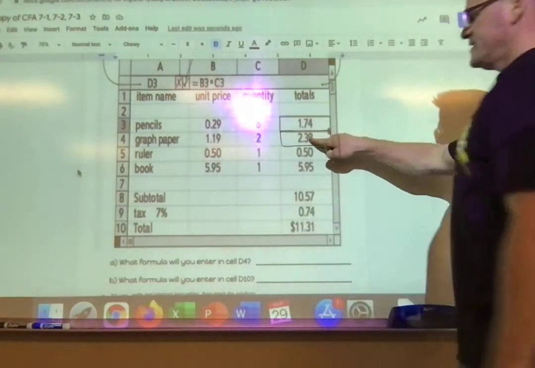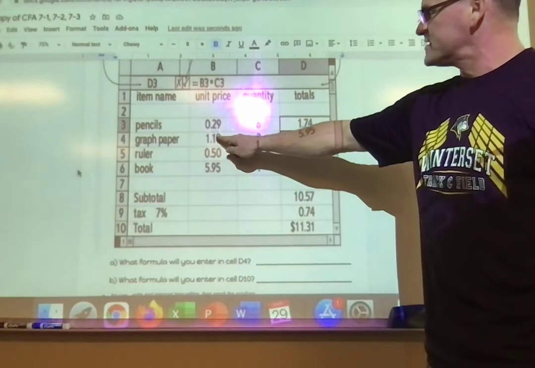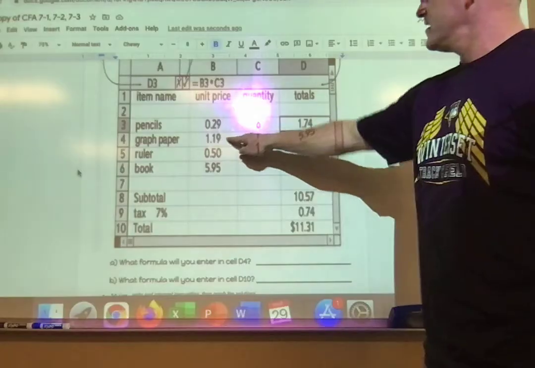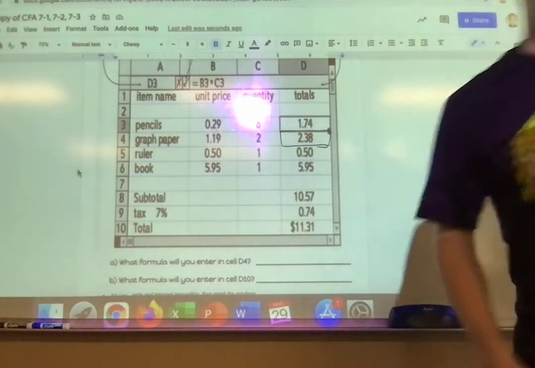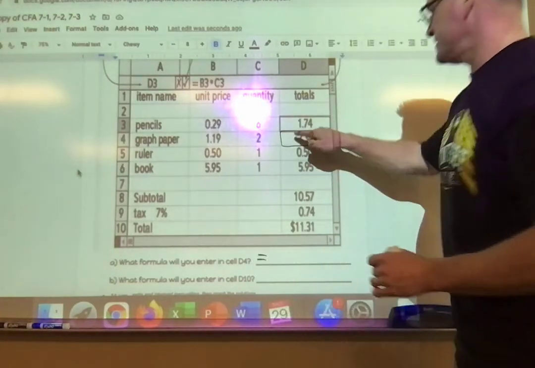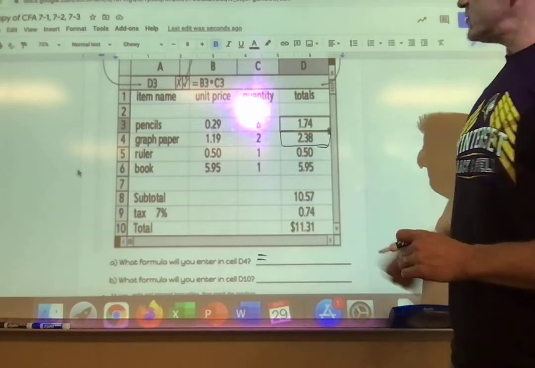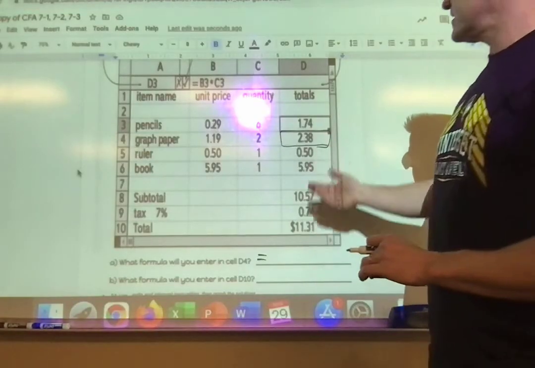D4. To get that to do $2.38, to do the math for you, I need to program it to take this cell times this cell. Remember, when you do this, guys, you have to start with an equal sign. I just highlight this and put an equal sign here, and then it would start to calculate for me. That tells it to calculate the formula.